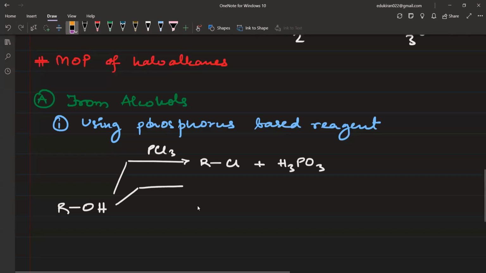This is not important. Don't even remember it initially. We will write all the things in the alcohol chapter. For now, you have to remember what haloalkane is made by this reagent and this particular reactant.